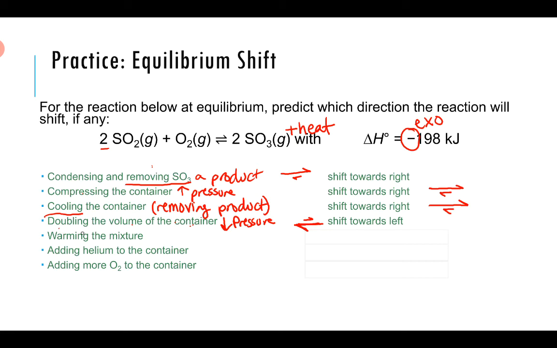Okay. Now we're going to warm the mixture. Warming the mixture will do the opposite of what cooling the mixture did. And so cooling the mixture shifted us right. Warming the mixture is going to shift us left.